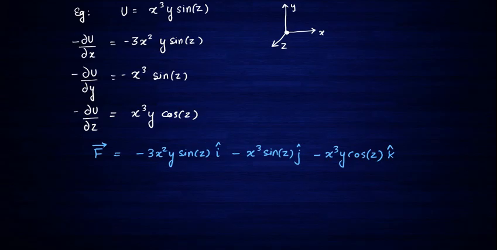Alright, if we have to study the potential energy function in terms of equilibrium, then in that case we use the fact that for all kinds of equilibrium, force happens to be equal to 0.